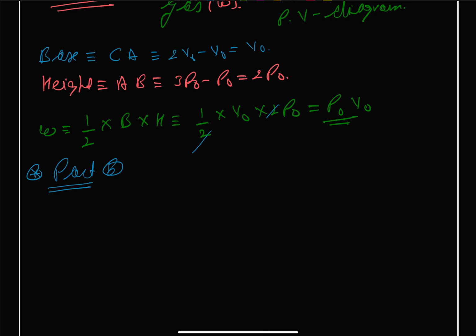Our path CA is isobaric, and in isobaric, our pressure is given as P0, and our volume changes from 2 V0 to V0.